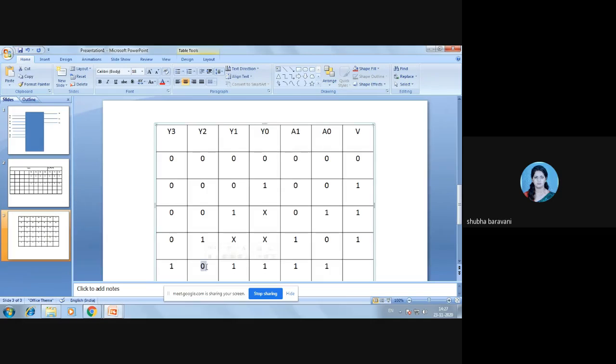Even if your Y2 is 1, you would get 1 1. So what I did, I replaced this with x and I say this is a valid code. Understood? I hope now it is clear. Sorry, it's 1. Understood everyone? Priority encoder.